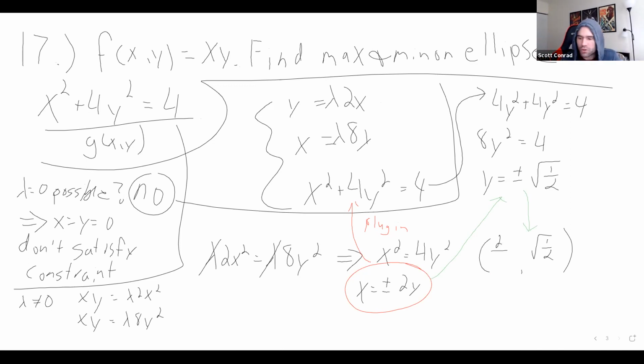So 2 times square root 1/2. So square root 1/2 is 1 over root 2. Let me write it like that. And then 2 times 1 over root 2 is 2 over root 2, which is just root 2.